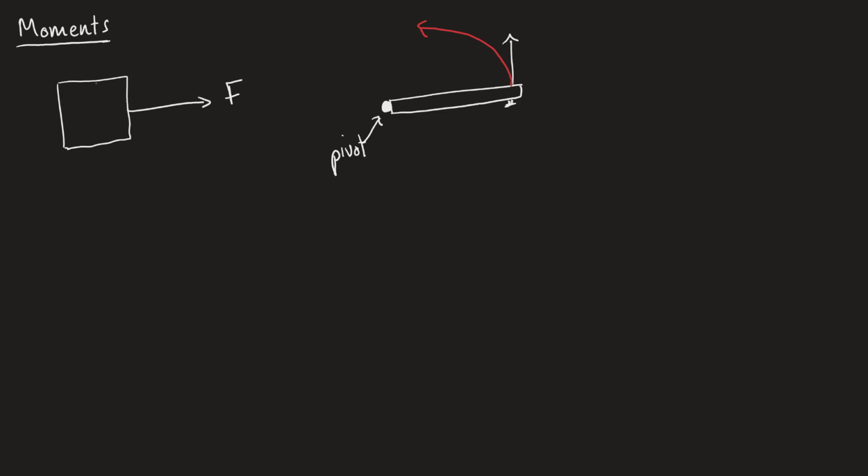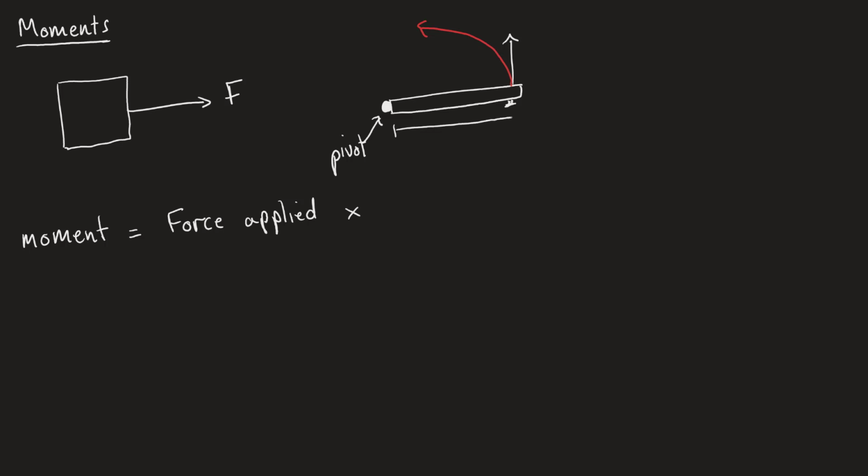Now some of you might have met moments before, and you would know that in order to calculate what the moment is, we would say it's the force applied multiplied by the distance.